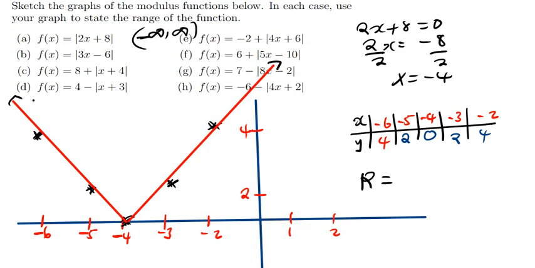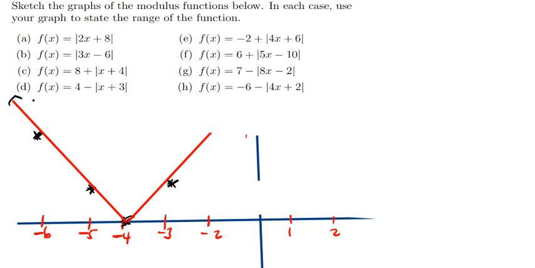The lowest value is 0, then it goes 0, 2, 4, toward positive infinity. So starting from 0 all the way to positive infinity, that is my range. That's the basic idea behind that. Now let us look at the next question.